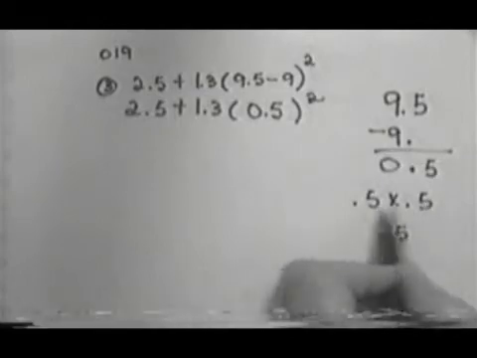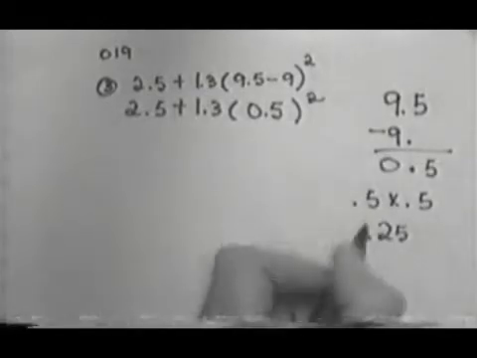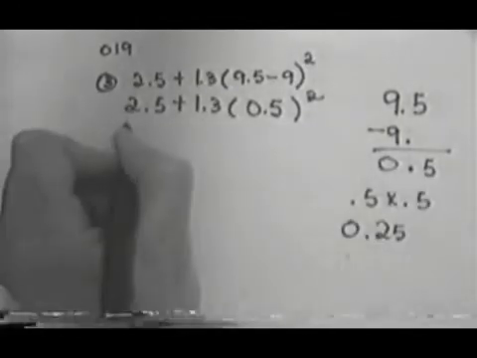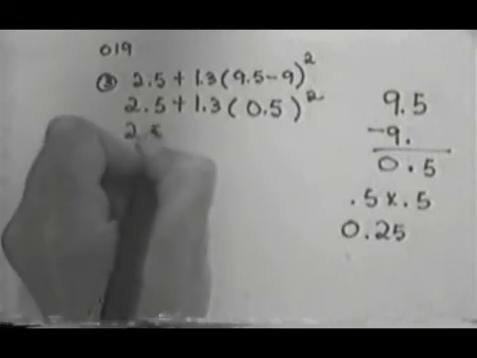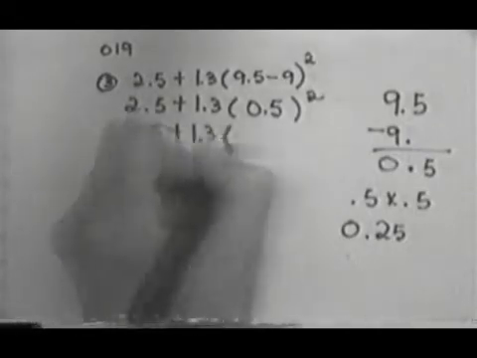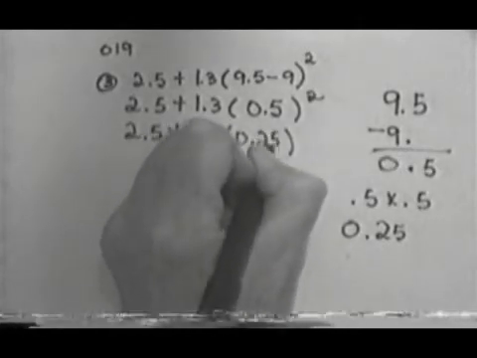And we have to count our decimal places in multiplying, so it'll be 0.25. So we need to fill that in. So we have 2 and 5/10 plus 1 and 3/10 times 25 hundredths.